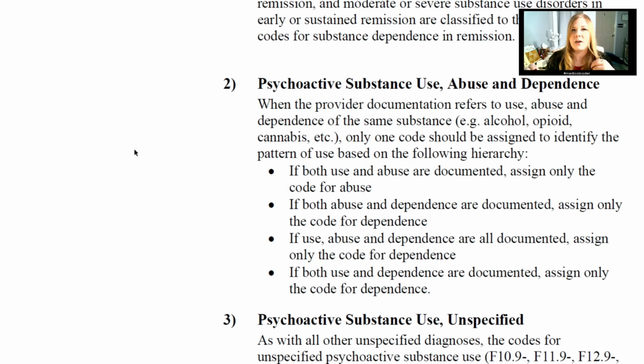And if they document alcohol use and alcohol dependence, we only assign the code for dependence. So when they document both of those, basically all of them default to dependence, except for when they document use and abuse, then we just code for abuse. But basically dependence and anything else defaults to dependence, use and abuse defaults to abuse.